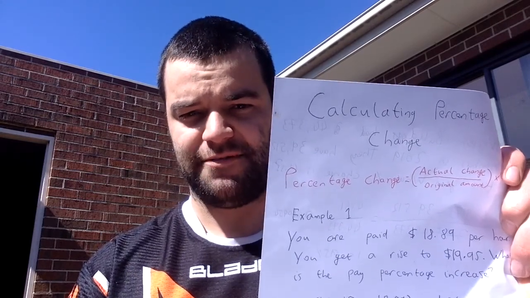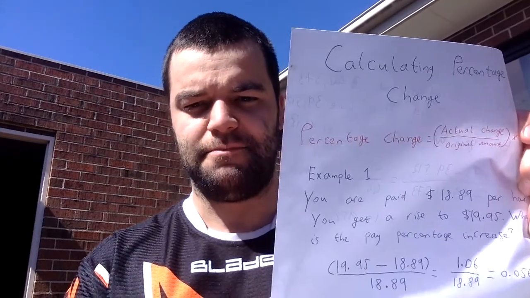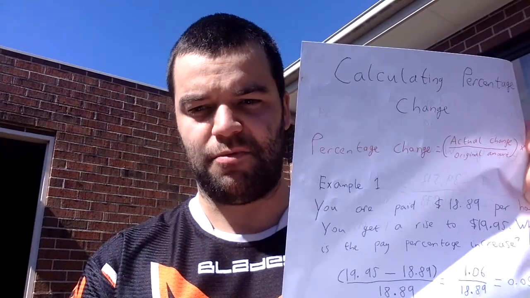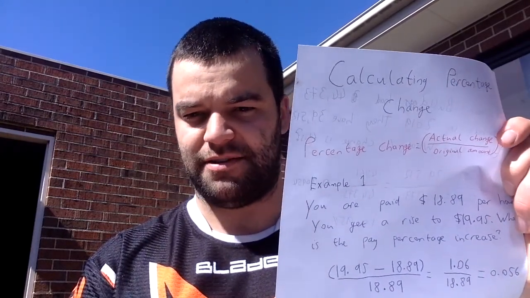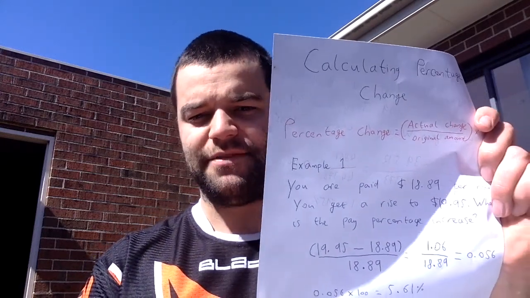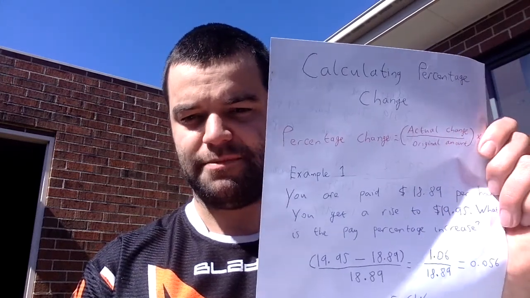So putting it into that formula, first of all, I'm doing 19.95 minus 18.89. The reason I'm doing that is that's how I work out the change that's happened. And as you can see from the formula, we need to do the actual change, hence why I put that in. I then divide that by 18.89, and that's because that's the original amount.